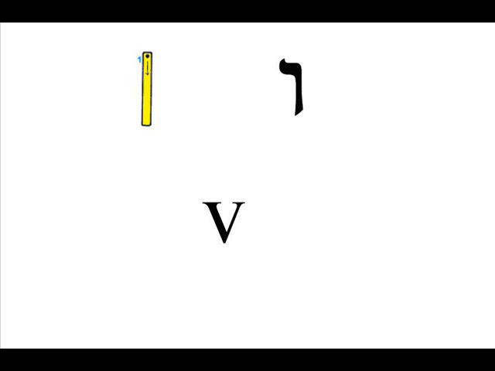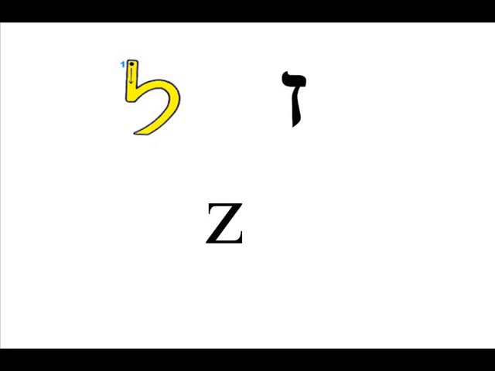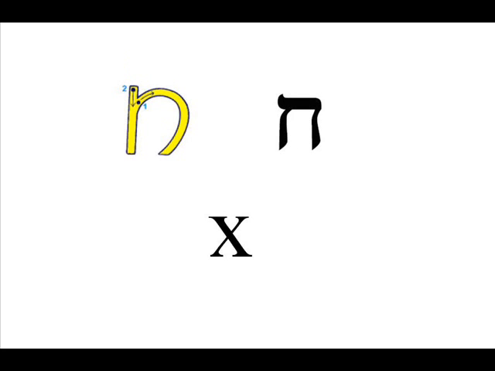This is our vav. Now let's talk about our seventh letter, which is zayin, and it's always a consonant letter, and it's pronounced z. And our eighth letter is the chet, and the chet, thousands of years ago, was pronounced ha, like the Arabic name Muhammad, but today it is pronounced kha.